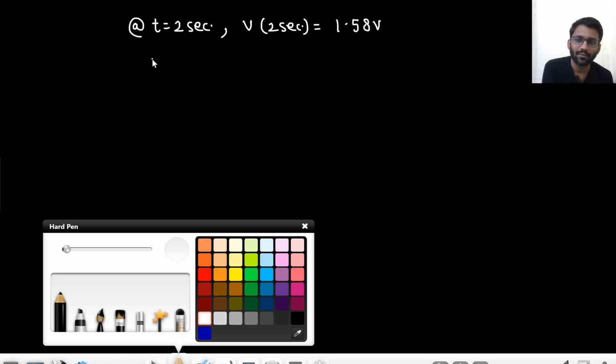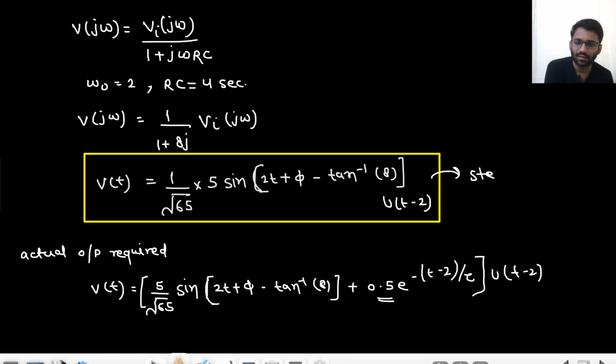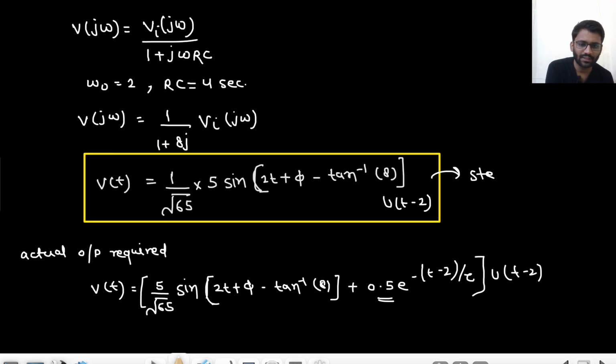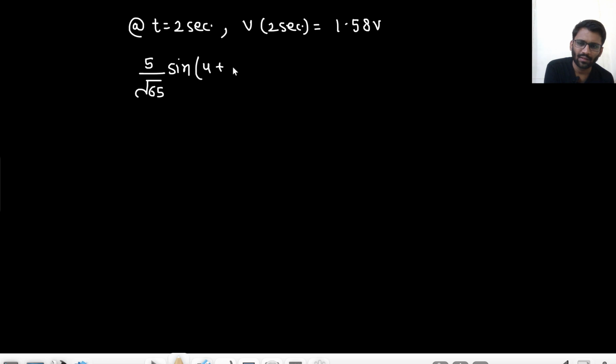So basically 5 by root 65 sine 4 plus 5 minus tan inverse 8 at t equals to 2 second.